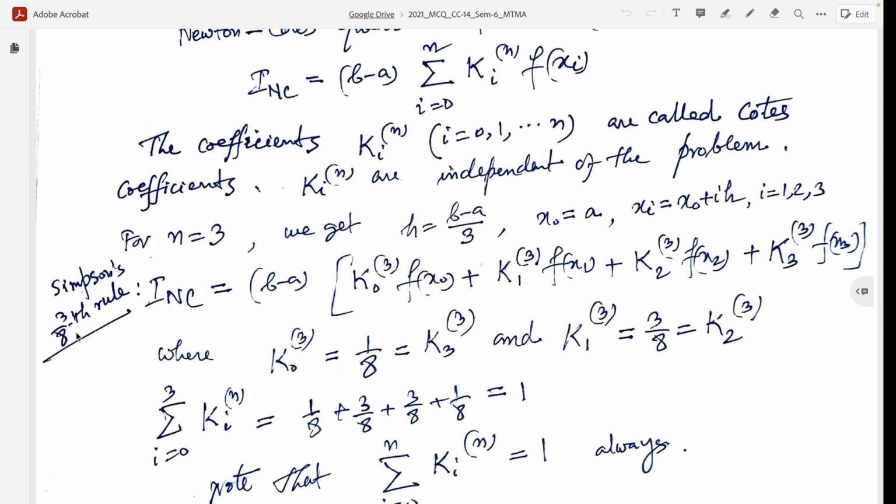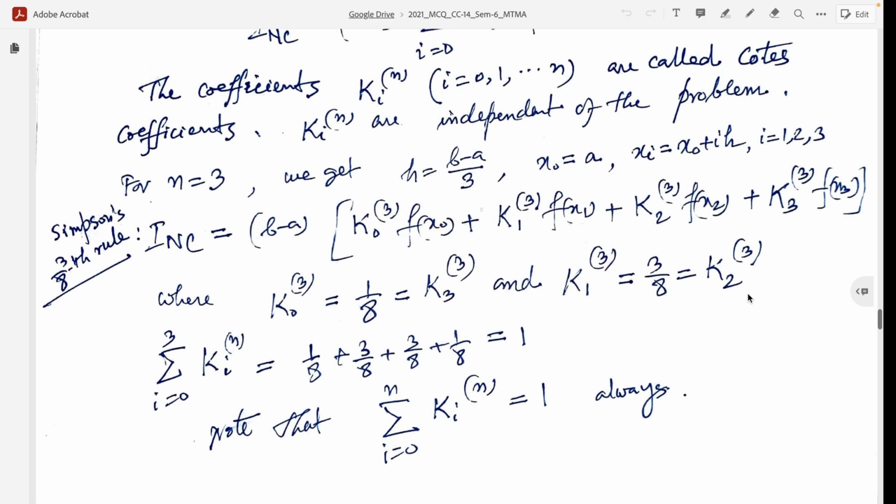And for Simpson's 3/8 rule, I equals b minus a times K03 f x0 plus K13 f x1 plus K23 f x2 plus K33 f x3, where K03 equals 1 by 8 equals K33, and K13 equals 3 by 8 equals K23. The sum of all these Newton's coefficients, i equal to 0 to 3, K i n, equals 1 by 8 plus 3 by 8 plus 3 by 8 plus 1 by 8, which equals 1. So summation of K i n, i equal to 0 to n, is always 1.